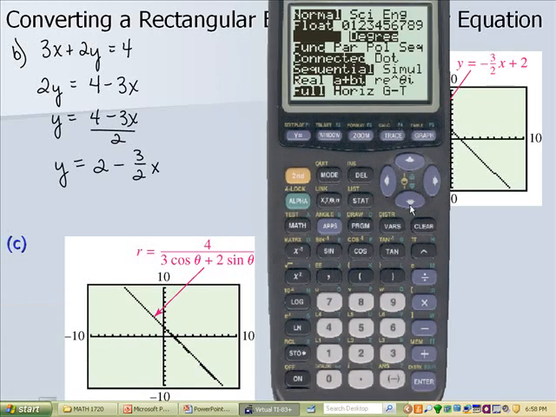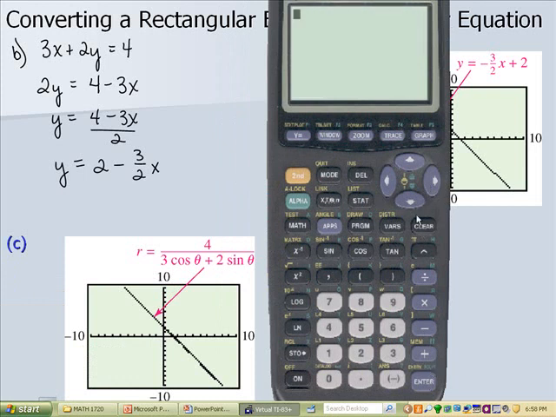We'll press mode and convert to polar mode. Clear our screen, press y equals, and we want to do 4 divided by 3 cosine of theta plus 2 sine of theta, and hit graph. And here we see we have the same equation graphed.